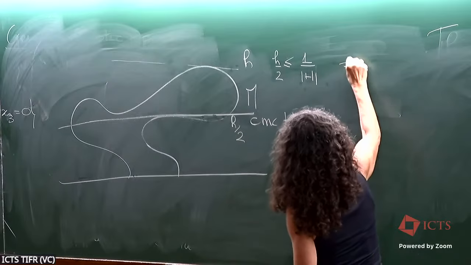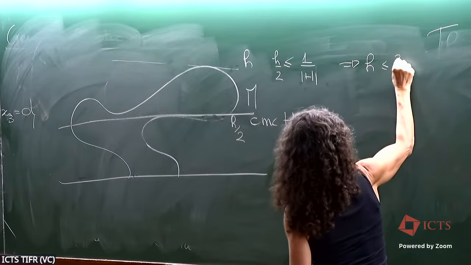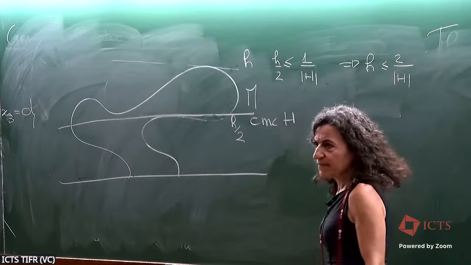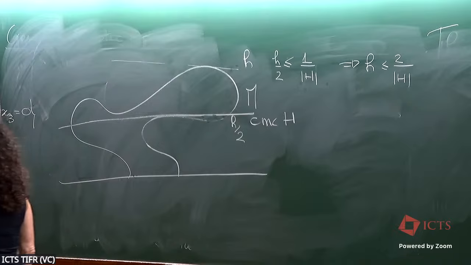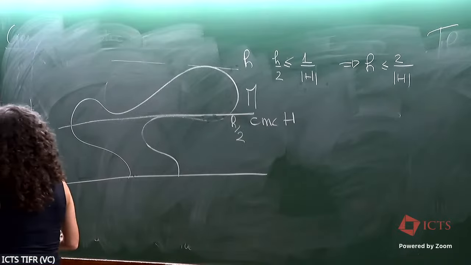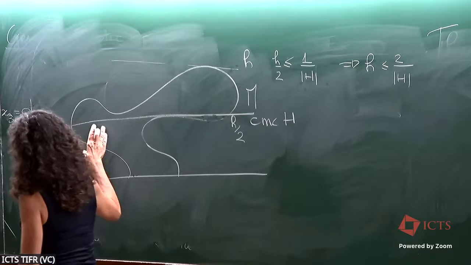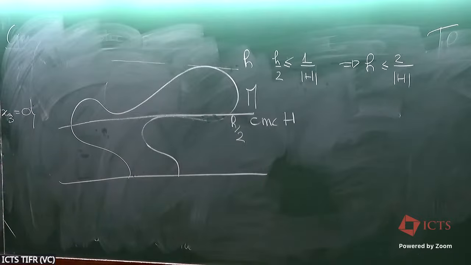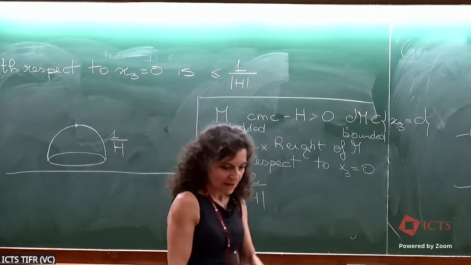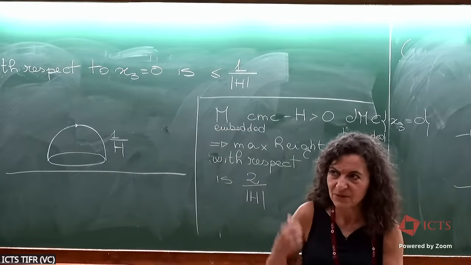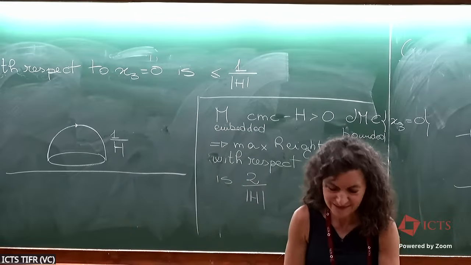Then this implies that the complete M is like that. So it's more general than Serrin's result. I'm not going to prove this, but once I finish, you will be able to prove it as well. I think I'm stopping here, and I will talk about Serrin next time.